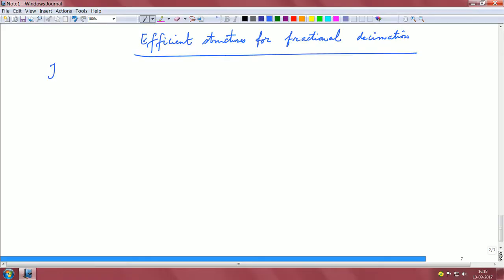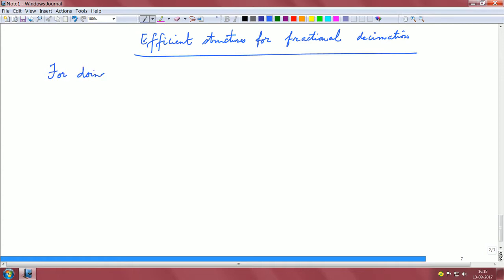So, if we need these conversion rates that are possibly rational rate conversions, how can we go about doing this? We are now at a stage where we want an efficient structure for realizing these sampling rate conversions. So, let us get started.